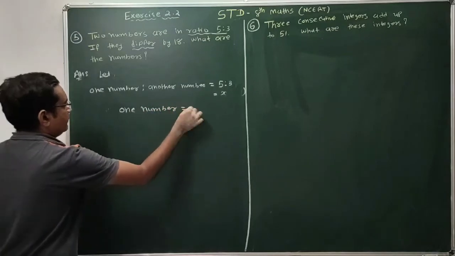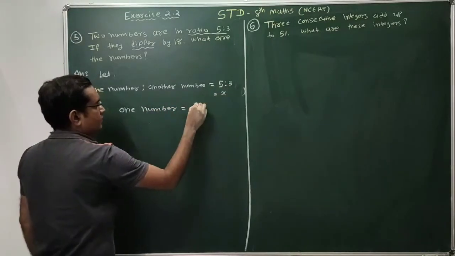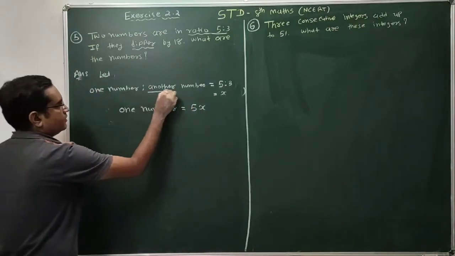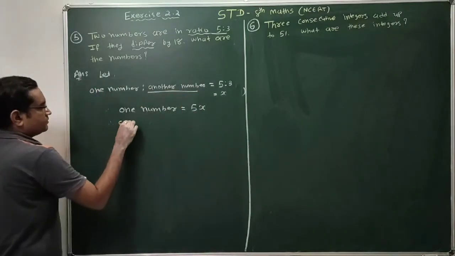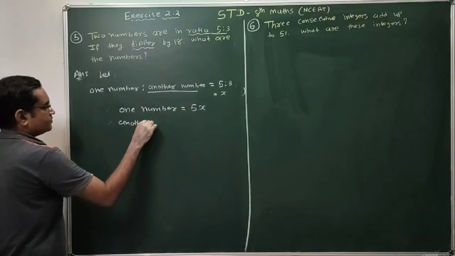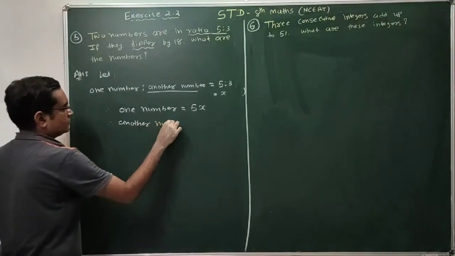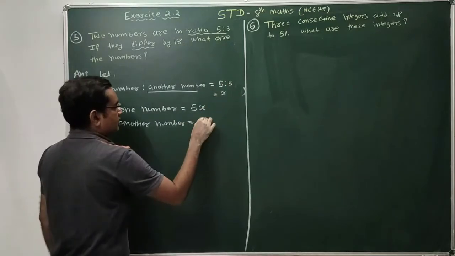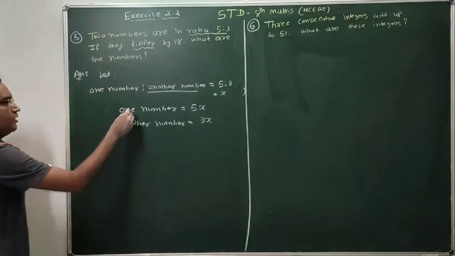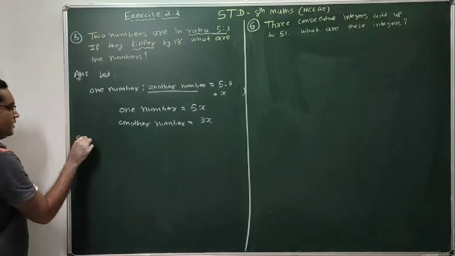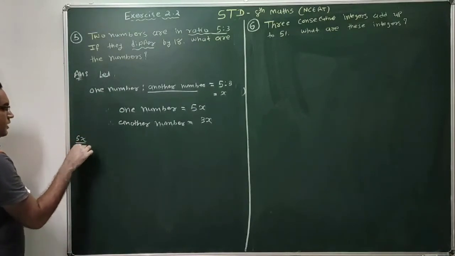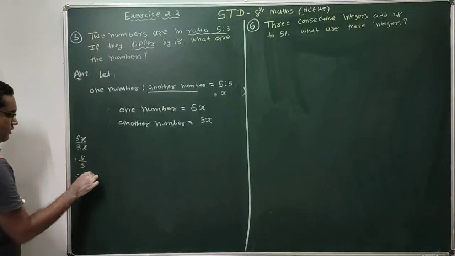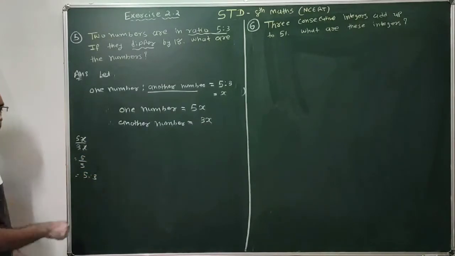Our one number will be 5 into x, which is 5x, and another number is 3 into x, 3x. So what is the ratio of one number to another number? 5x by 3x. This x will be cut. So it is 5 by 3. Therefore, the ratio is 5:3. Clear?